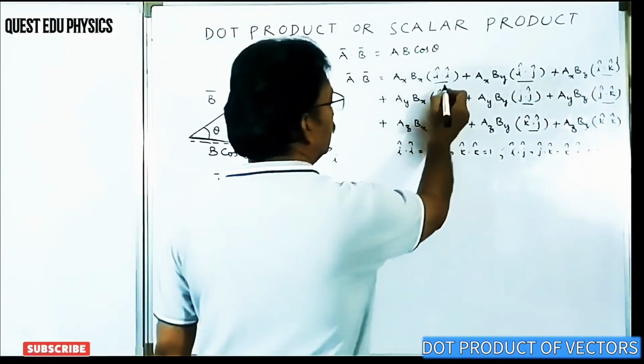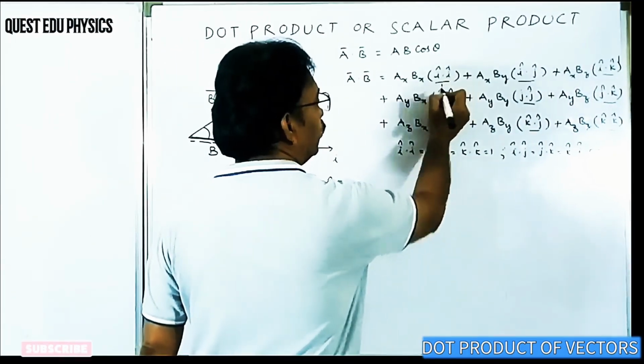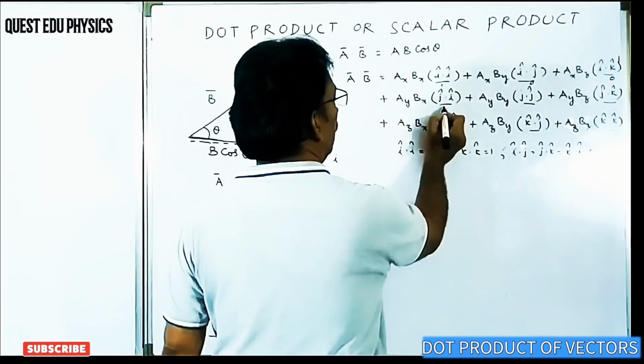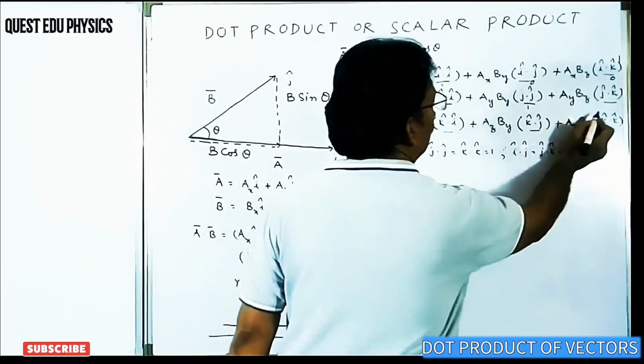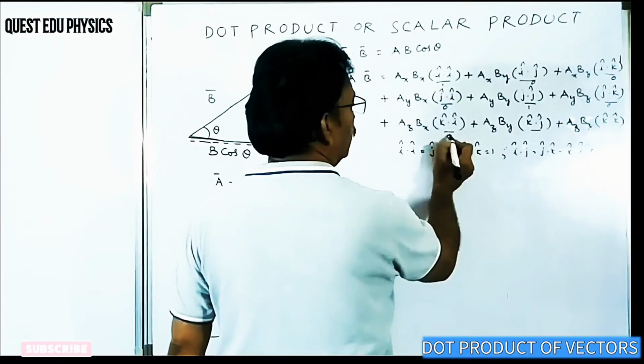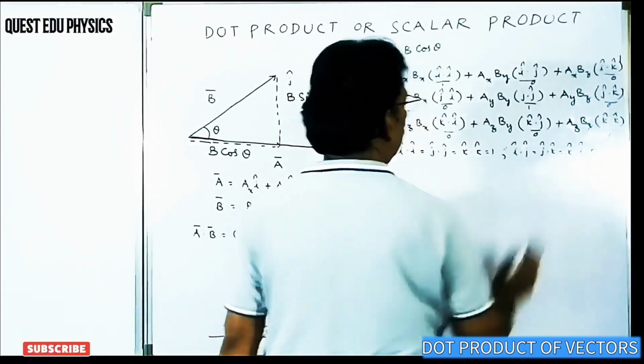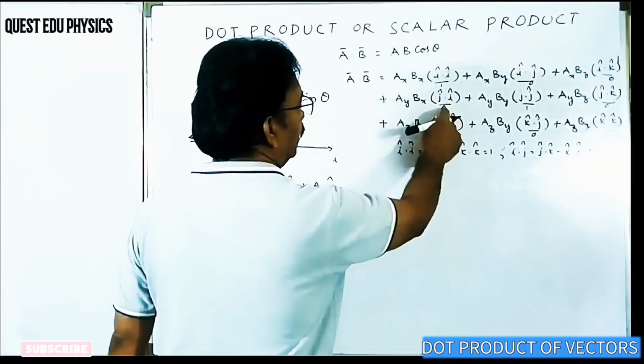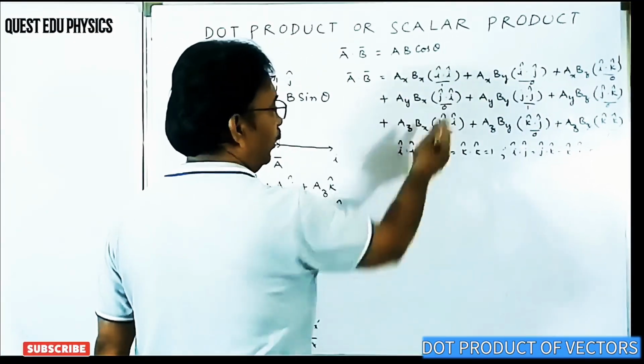And we are substituting the values. Here i cap dot i cap is 1, then 0, 0, 0, 1, 0, 0, 0, 1. Now the terms multiplied by 0, like Ay Bx, become 0.